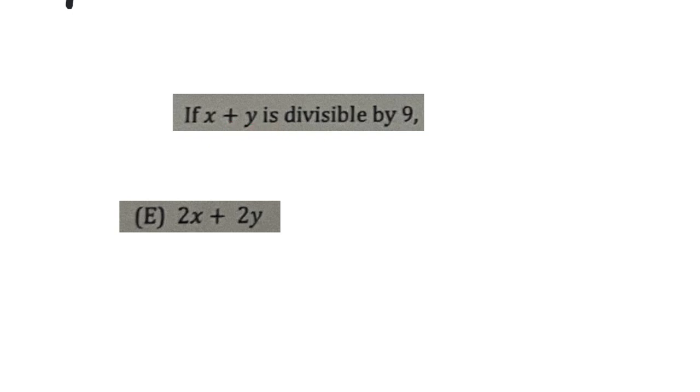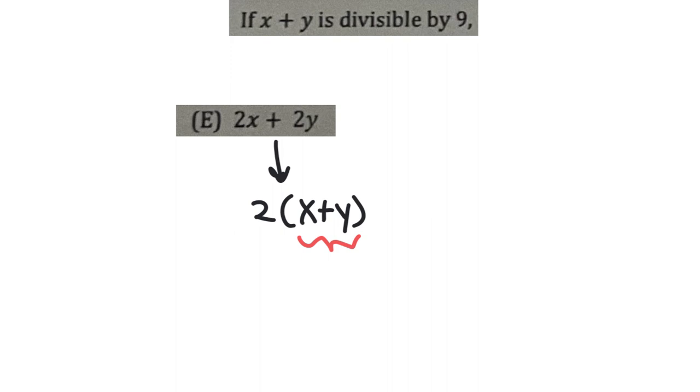And this could be rewritten with the 2 factored out, okay? We could factor out the greatest common factor of 2 and have it on the outside. And the bottom line is this number right here is divisible by 9.